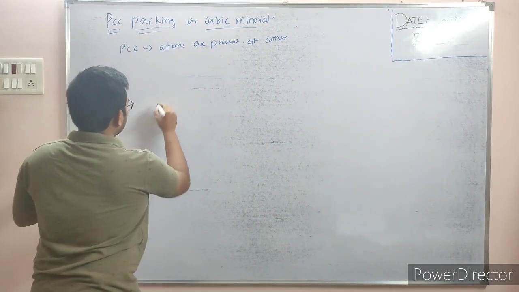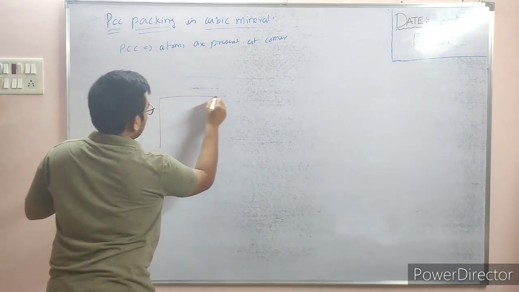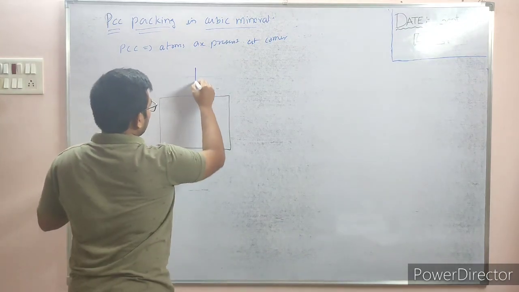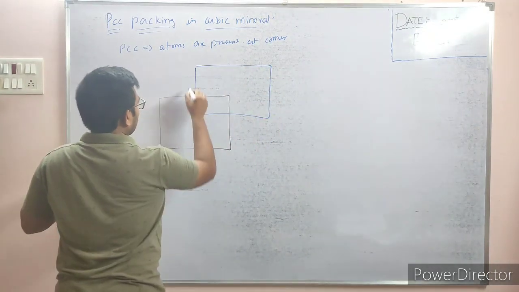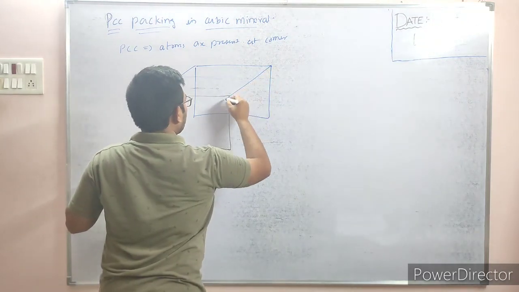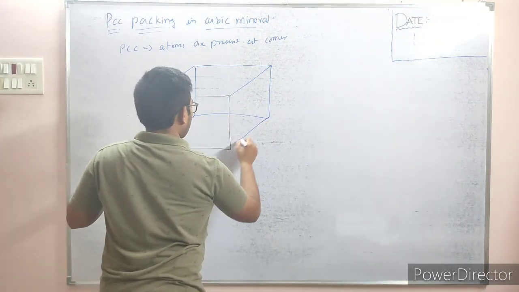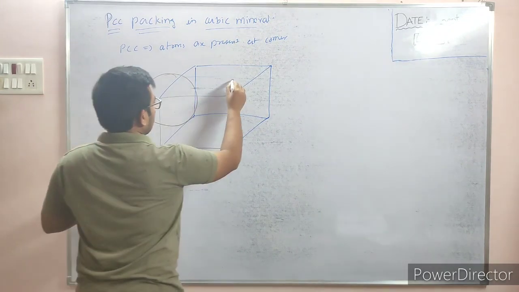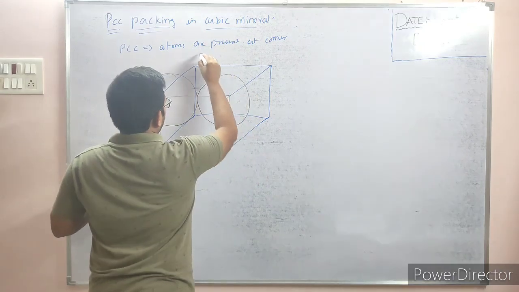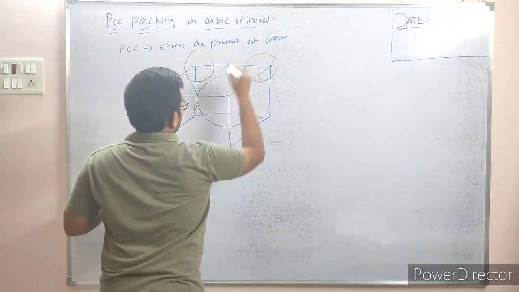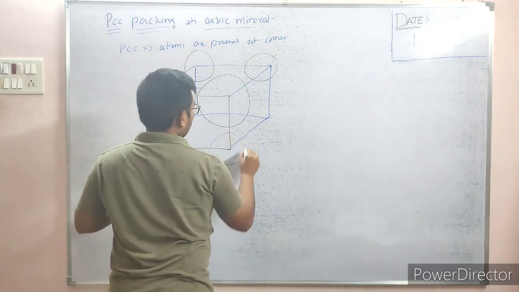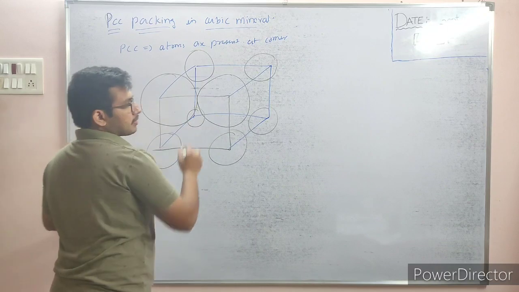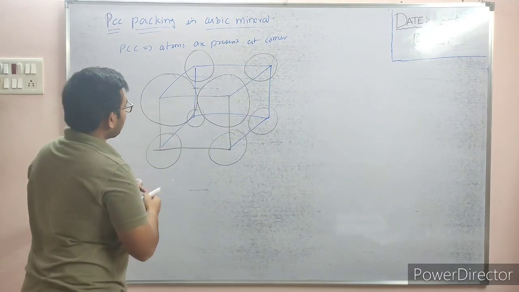And if we draw the atoms, these two atoms are touching, so we will find the edge length.